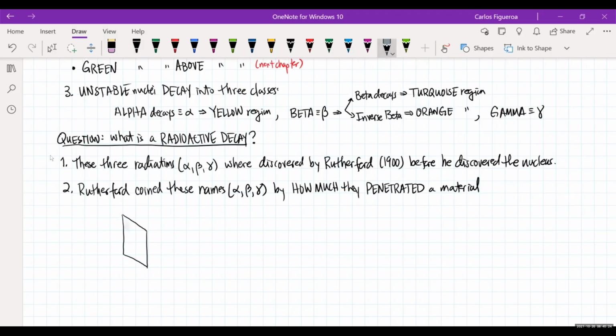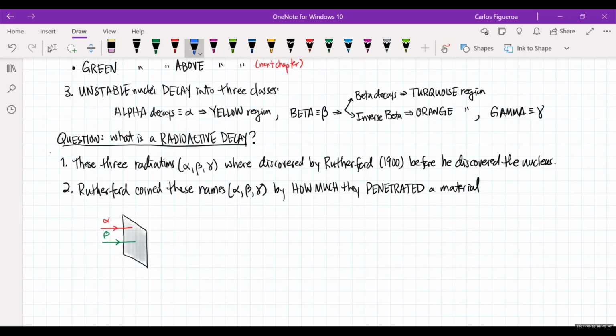So here's my sheet of paper. I'm going to shoot radiations at this sheet of paper. What you'll find here is that I'm shooting alpha. Then I'm going to shoot a beta.